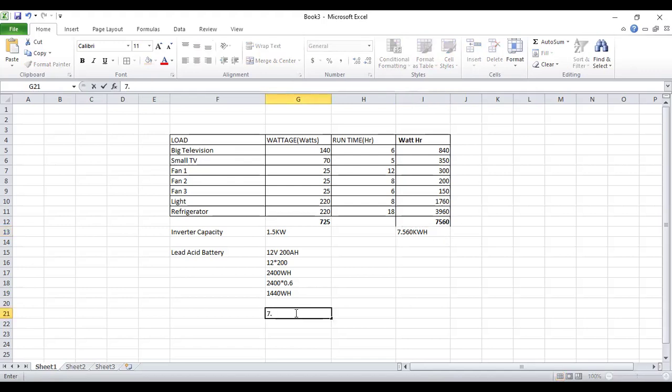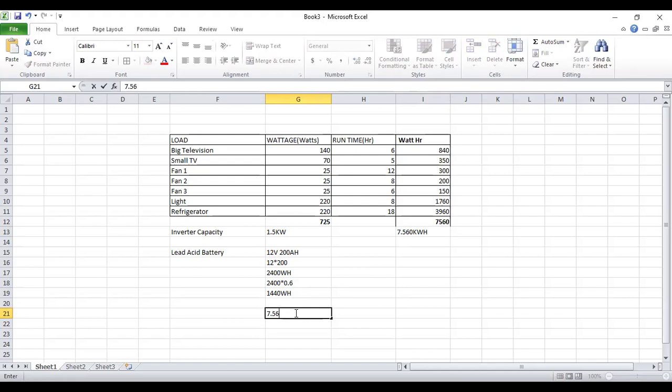We talked earlier of the lithium ion. The lithium ion are rated directly in kilowatt hour. You go to the market, you say you want 7.5 or 10 kilowatt or 8 kilowatt, you get it directly. But for the lead acid battery, you are going to be the one to determine the quantity you need from the calculations.